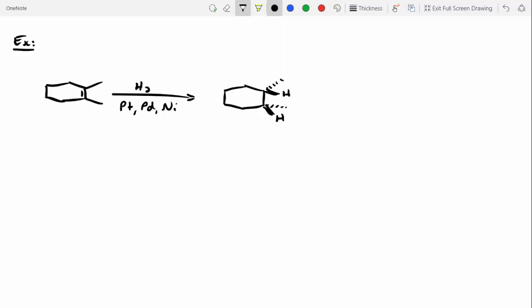Is there an enantiomer we have to worry about for this? Not for this example. Why not? It's meso. But the main thing to remember is that these hydrogens always add in syn to one another. These sorts of catalysts are called heterogeneous catalysts.